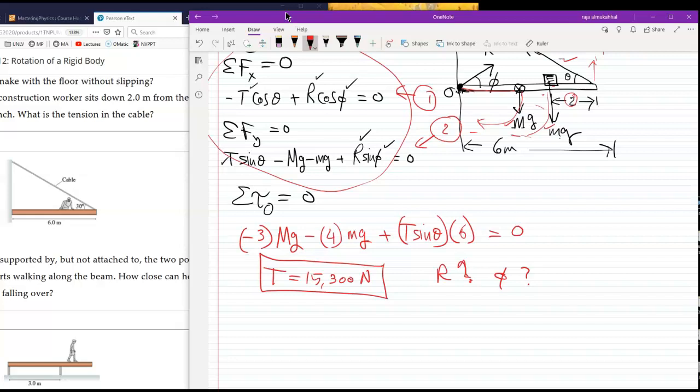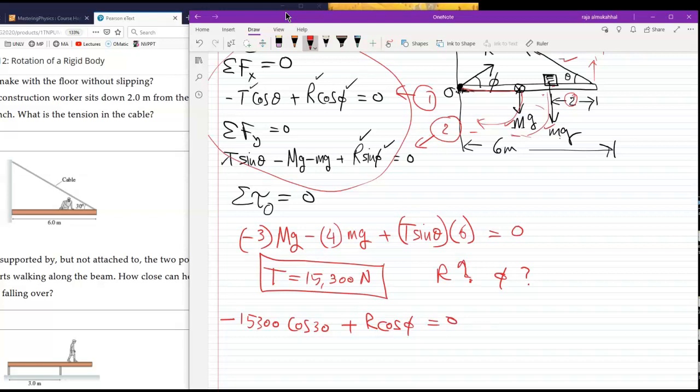1 becomes minus 15,300 cosine 30, right? Plus R cosine phi equals 0, correct? Okay, let me get that answer very quickly.